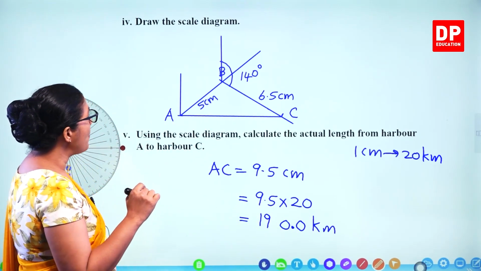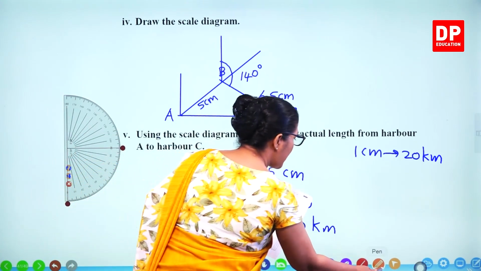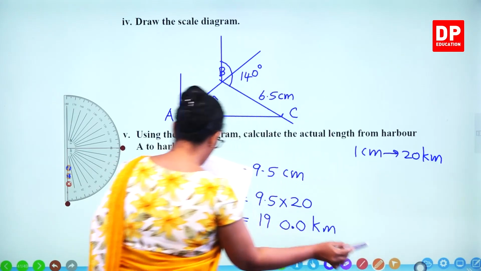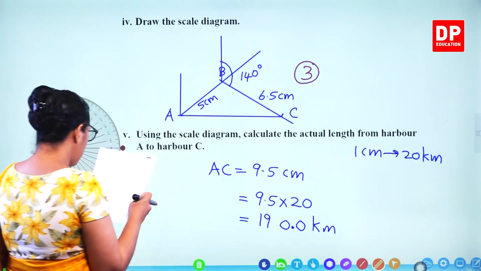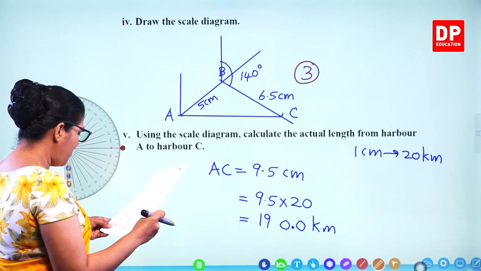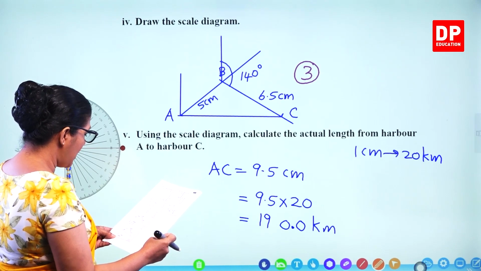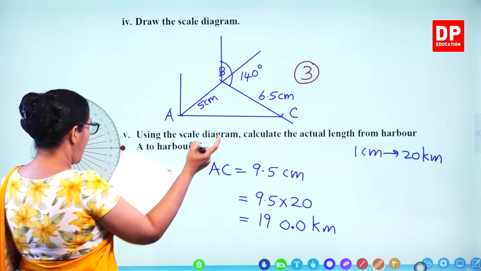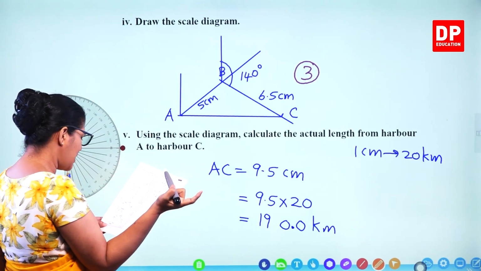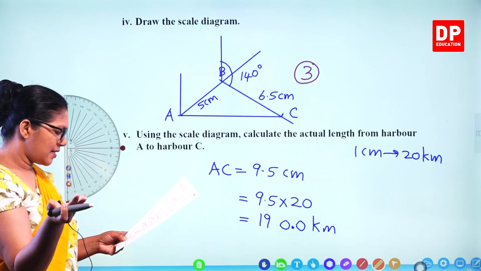So we'll see how many marks for these 2 steps. You are getting 3 marks for this step, drawing the scale diagram and multiplying by 20. So here 5 and 6.5, and check whether you are getting this answer or you can get a different answer.